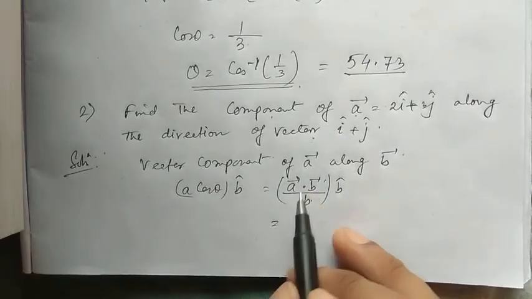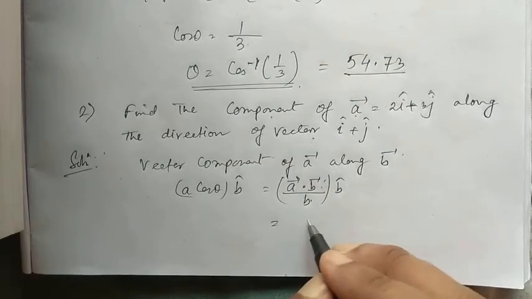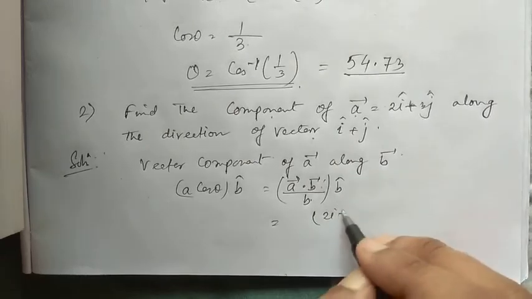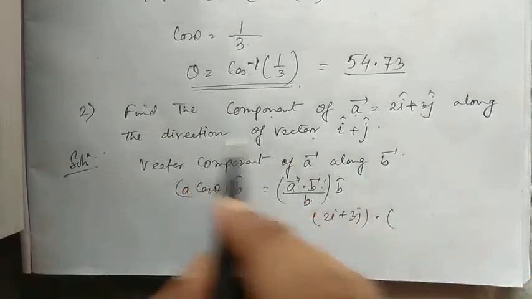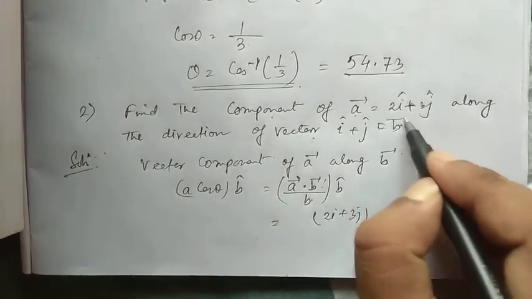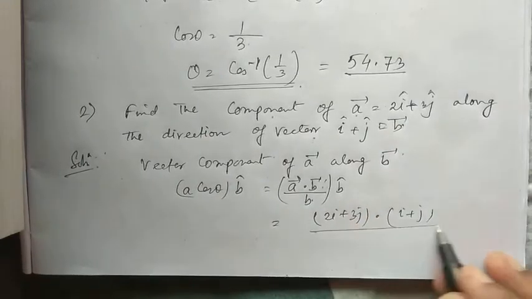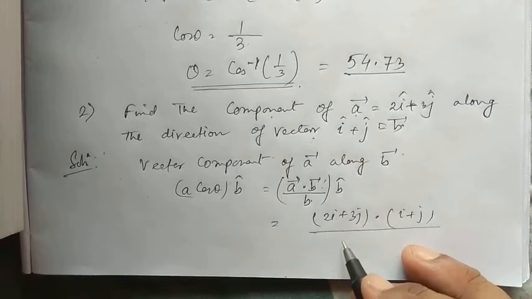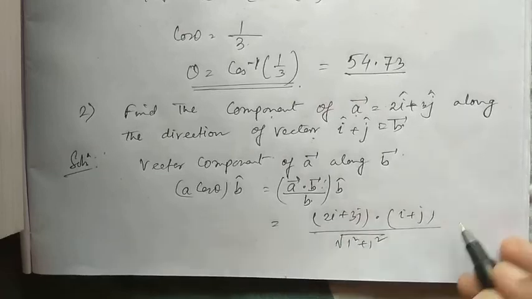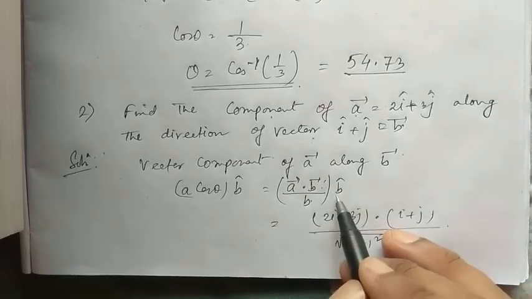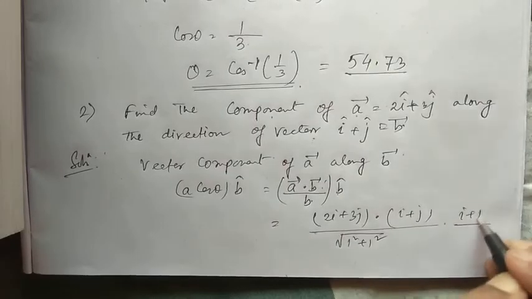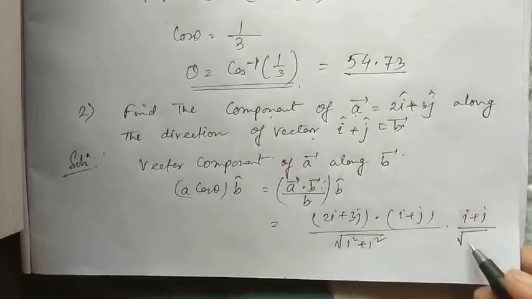Now what is vector A dot B? That is 2i plus 3j dot B, which is i plus j. This is equal to A dot B by the modulus of B, that means root over 1 square plus 1 square, and B cap, that means the unit vector i plus j by root over 1 square plus 1 square.